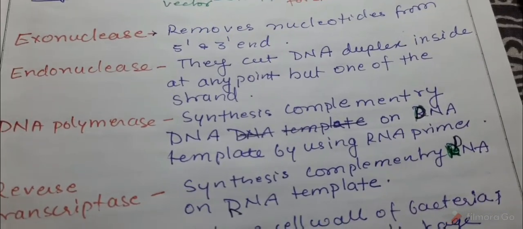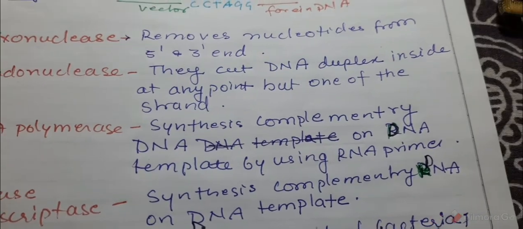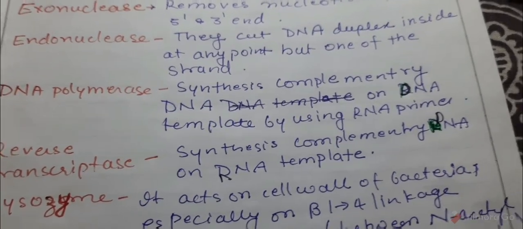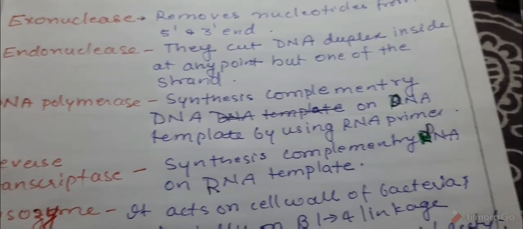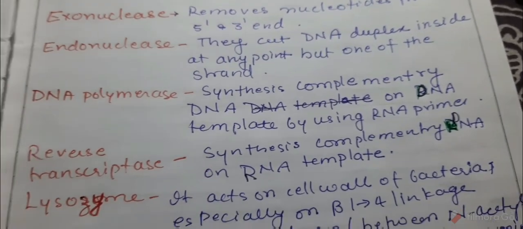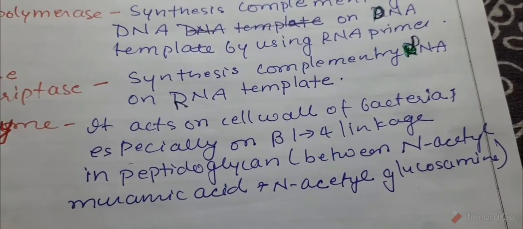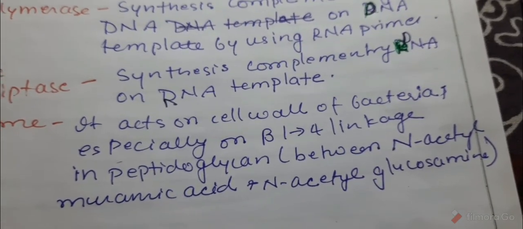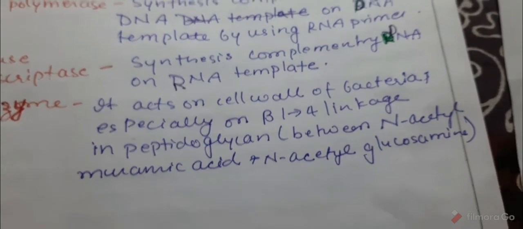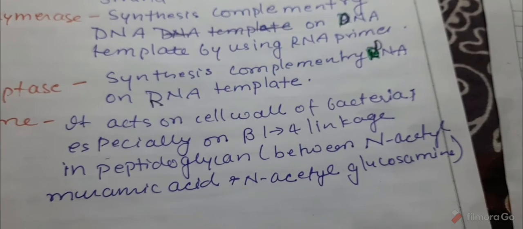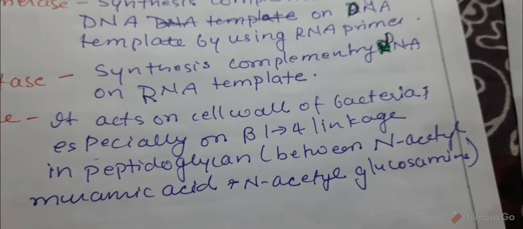Then DNA polymerase can synthesize complementary DNA on a DNA template by using an RNA primer. Reverse transcriptase can synthesize complementary DNA on an RNA template. Lysozyme acts on the cell wall of bacteria, especially on the beta-1,4 linkage present in peptidoglycan between N-acetylmuramic acid and N-acetylglucosamine.